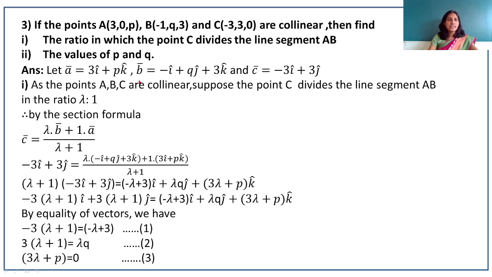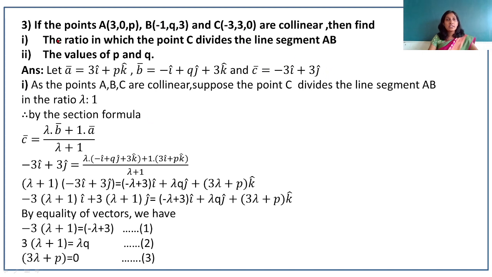So solution is here. This question is most of the times asked for the board examination. Let A bar is equal to 3i cap plus p k cap. Here j cap term is 0. B bar is equal to minus i cap plus q j cap plus 3k cap. And C bar is equal to minus 3i cap plus 3j cap. K cap term is 0.